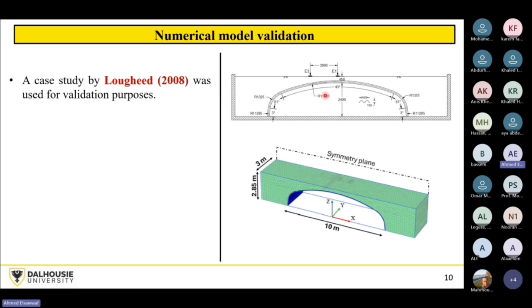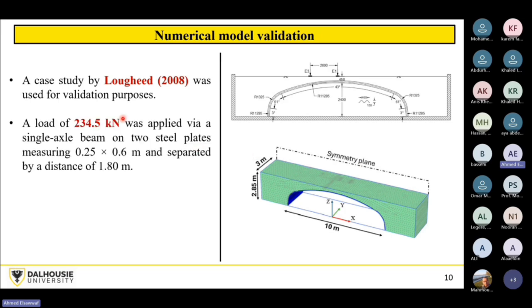And since there is symmetry in one plane, we have considered this and built only half of the complete structure. This is a point load, but as I told you, it's actually a single axle beam having 2 point loads on 2 steel plates. So we are only simulating 1 point load because we are modeling only half of the structure.